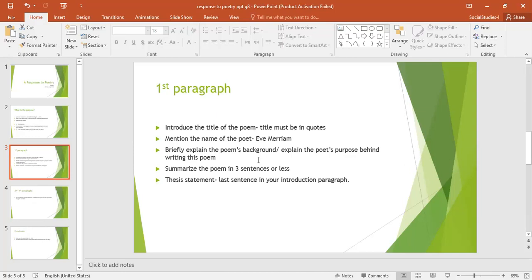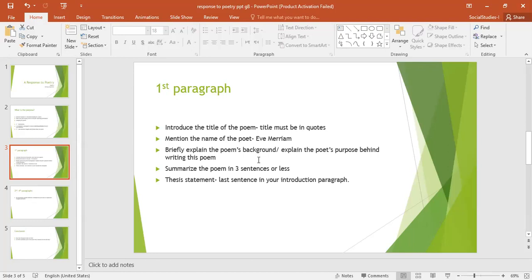You also need to mention the name of the poet. Your first sentence should mention the title of the poem, and the title needs to be placed in quotes. Make sure that you capitalize it correctly. The word "and" is a conjunction, and conjunctions are not capitalized, so be careful of that.